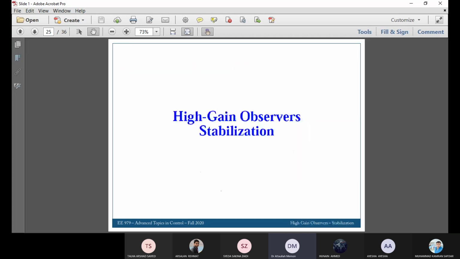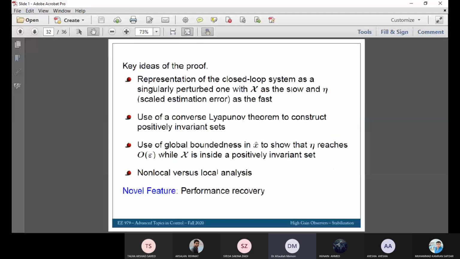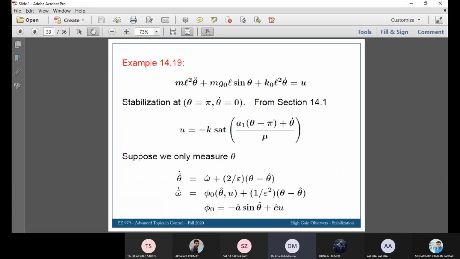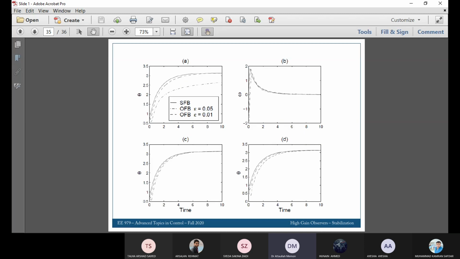And then you also design the sliding mode controller for this problem, which you have already done. And then use a Huygens observer, implement any of these controllers, and obtain the results which are given on slide 35.